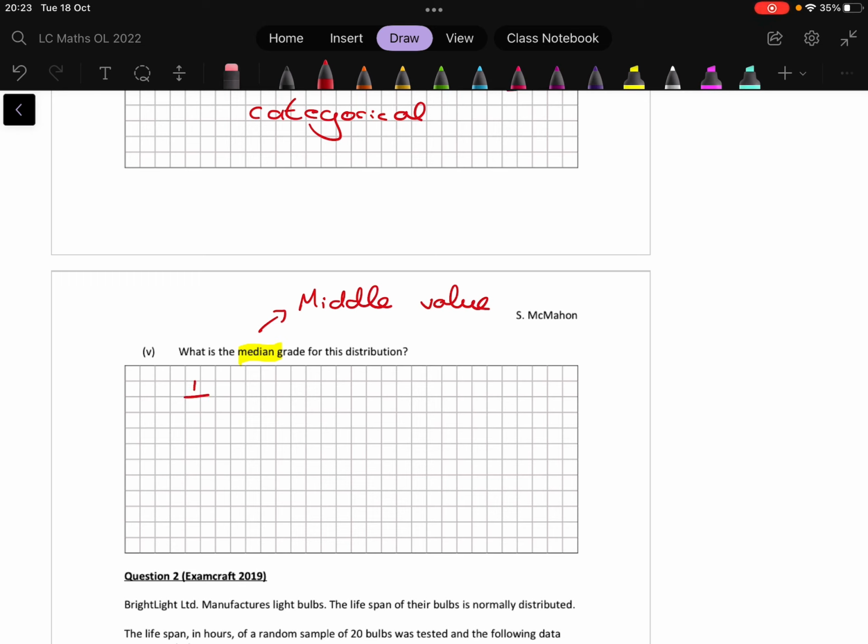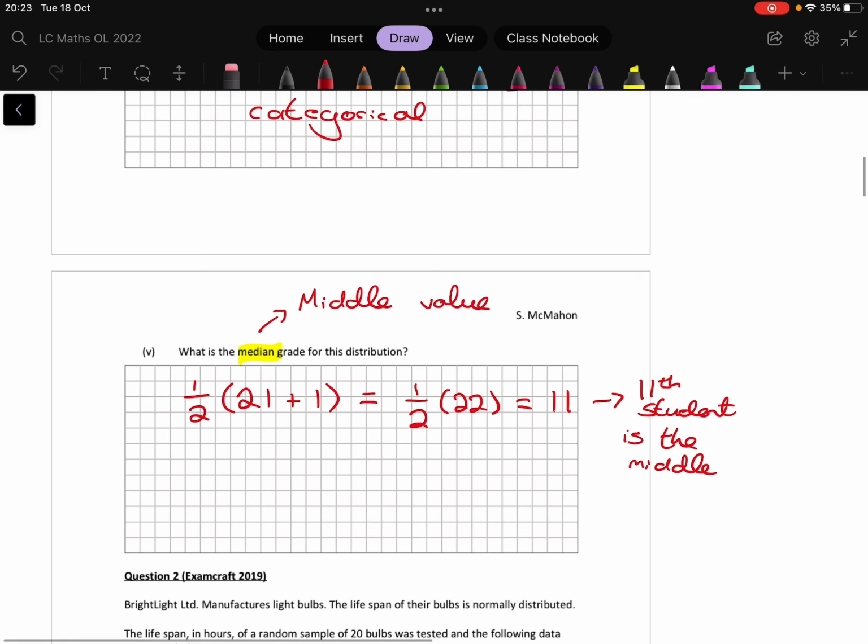So to do that, we use our formula that we have to have learned off, which is the total number plus 1, and we get a half of it. So we're getting a half of 22, and that is 11. So that means that the 11th student is the middle. The 11th student received the median grade.